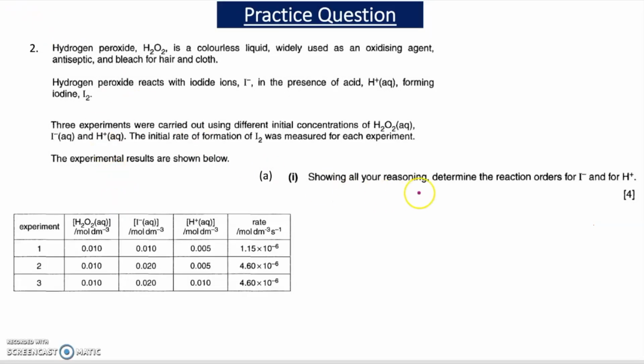So question 2a is asking you to work out the order with respect to iodide ions and H plus ions for this reaction. So once again, I'm looking for values where I change the concentration of one of the reactants and I keep the others fixed. So if we look at runs or experiment 1 and 2, I'm changing the concentration of iodide here from 0.01 to 0.02, but the concentrations of hydrogen peroxide and H plus ions remain fixed.